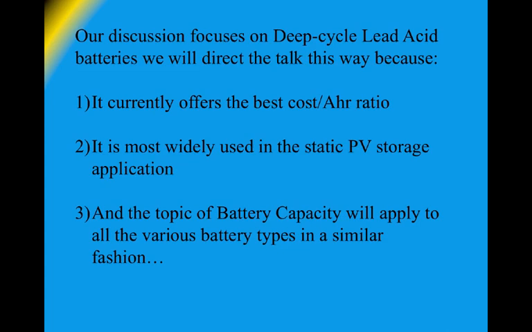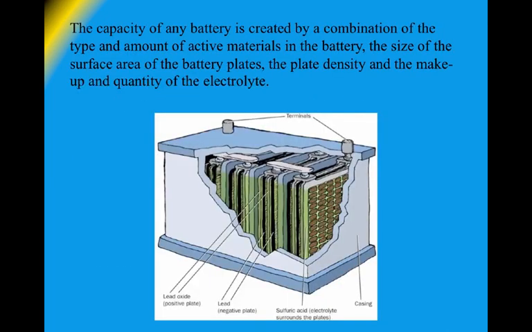So if you're wildly excited about the advent of lithium ion or other battery types such as nickel metal hydride, it's going to apply in a very similar fashion how we discuss battery capacity. So don't worry, it'll all apply.